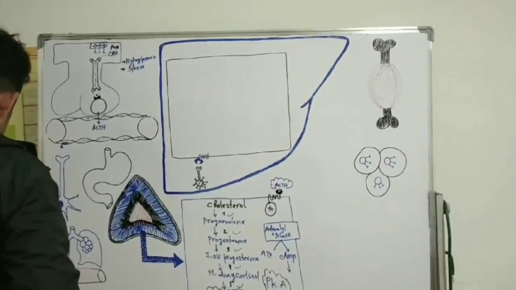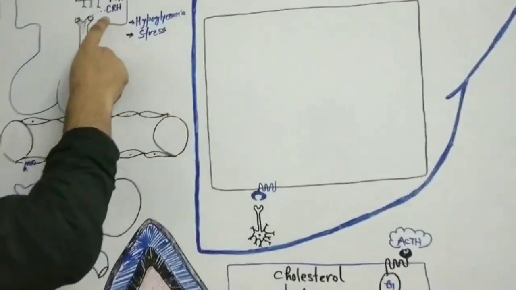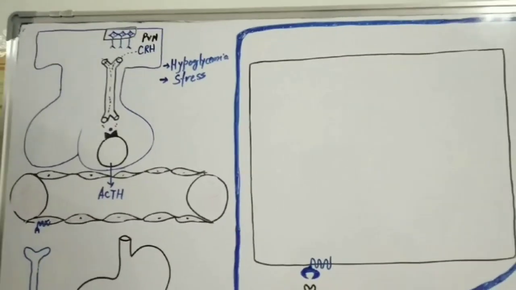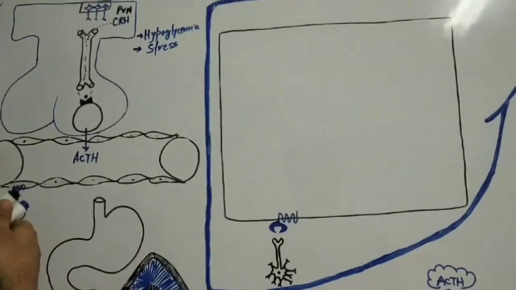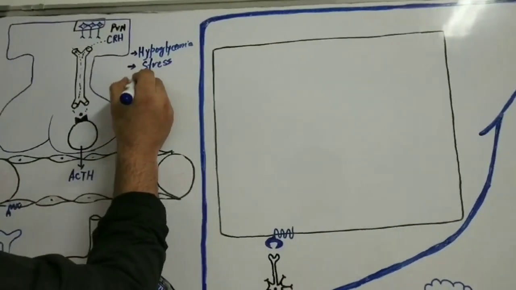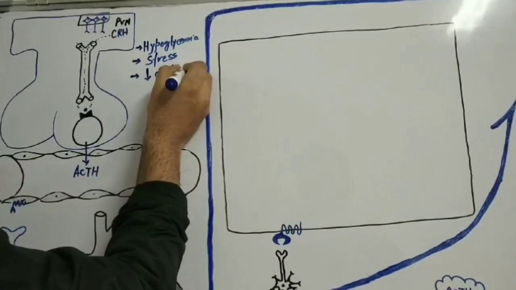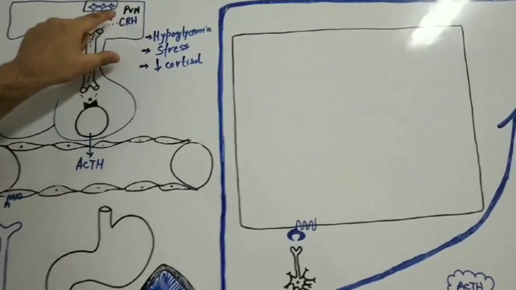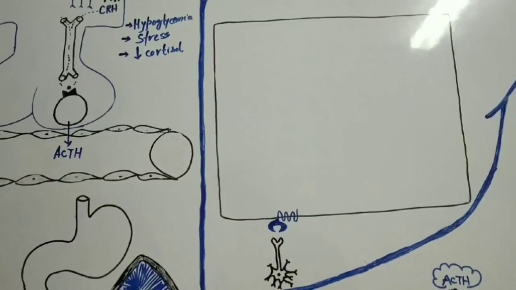Now, this was the second stimulus from which the CRH is released. The third is when there is less cortisol in the body. These were the stimulants of the paraventricular nucleus at which the CRH is released.